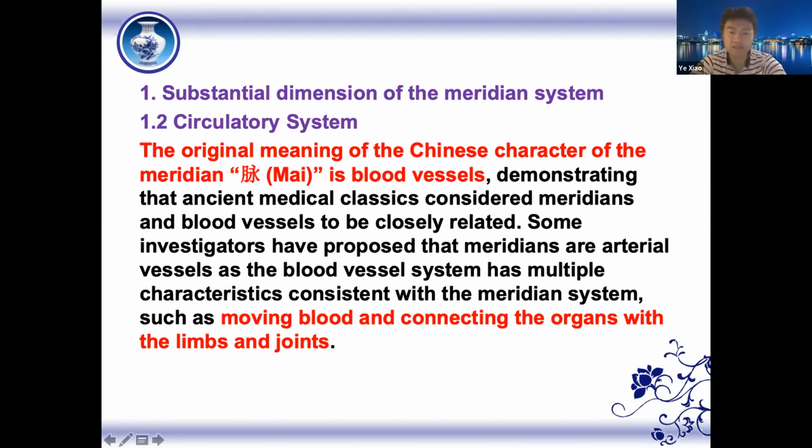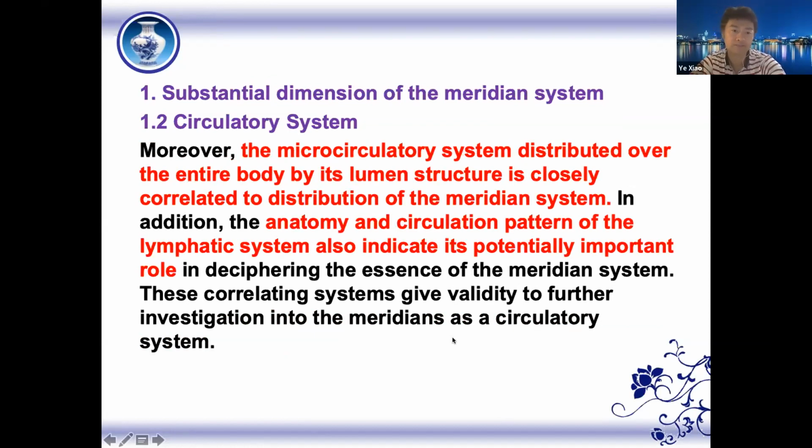Some investigators have proposed that meridians are artery vessels, as the blood vessel system has multiple characteristics consistent with the meridian system. For example, blood vessels can move the blood and can connect organs with the limbs and the joints.